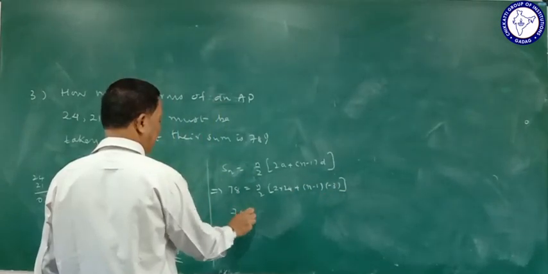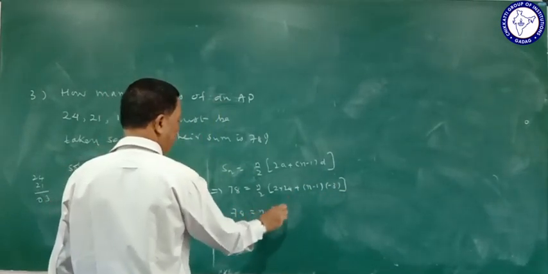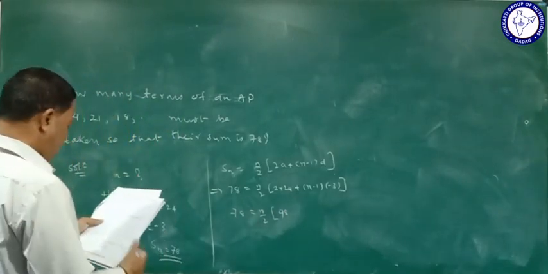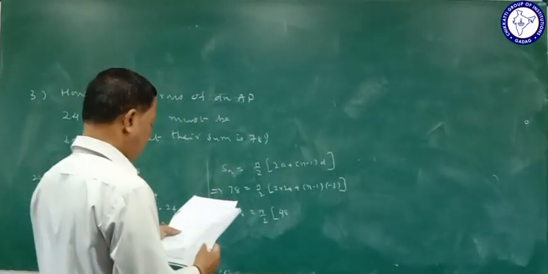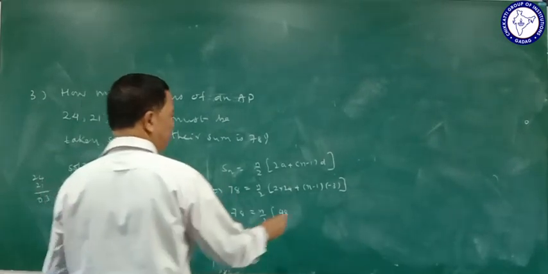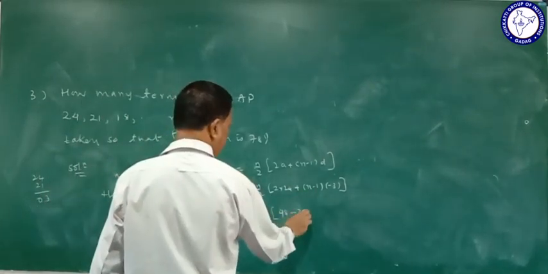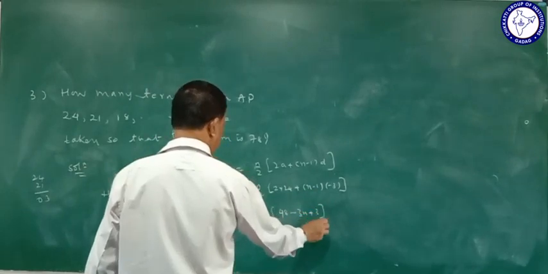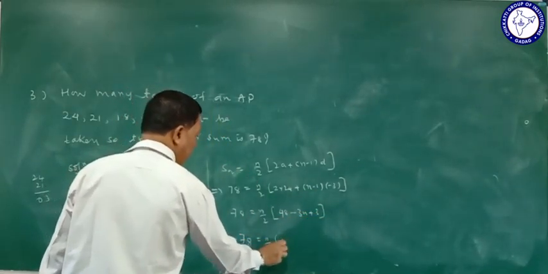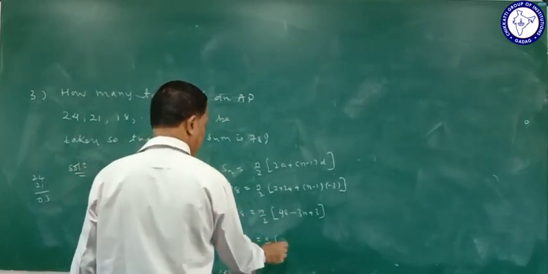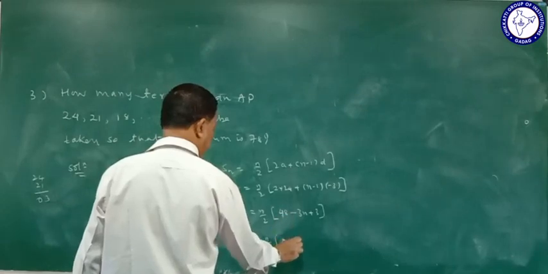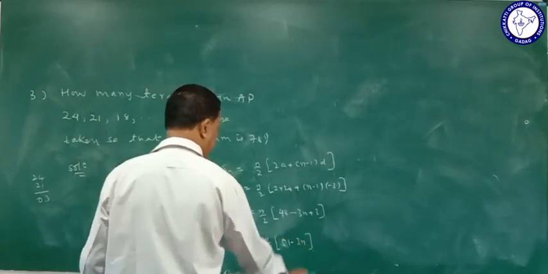That gives 48 minus 3n plus 3, so 78 equals n by 2 into 51 minus 3n.